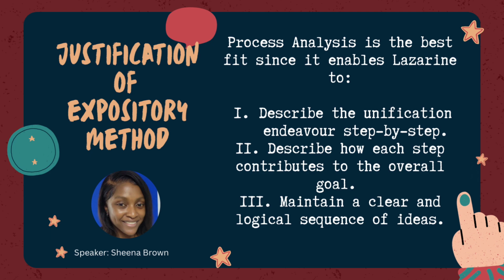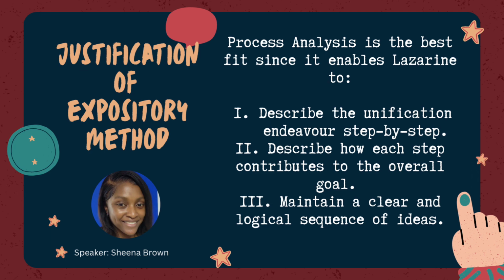It will assist her in concentrating each paragraph on a particular stage, using clear transitional phrases such as first, next, and lastly, and also creating a cohesive and well-structured academic paper. This method not only matches the challenge, but it also promotes precision, clarity, and organization, all of which are necessary attributes for excellent academic writing.